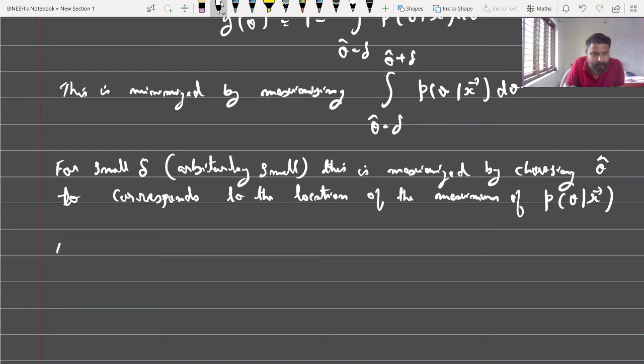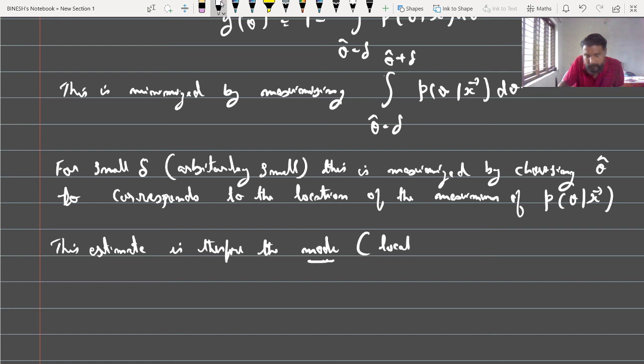This estimate is therefore the mode. In brackets, the location of the maximum of the posterior PDF.